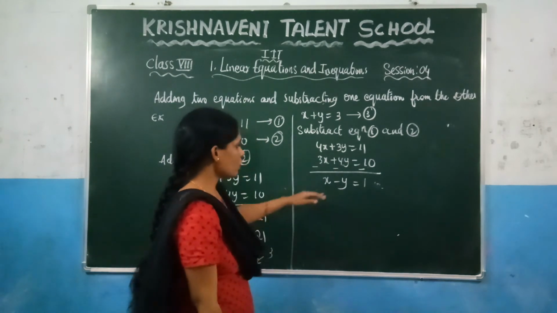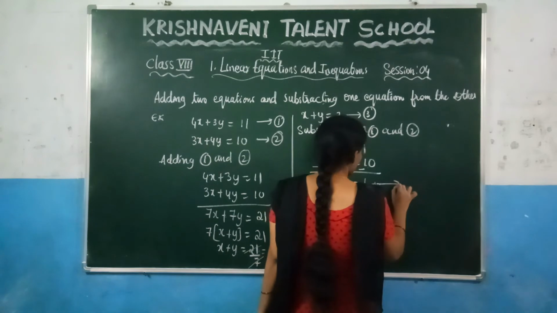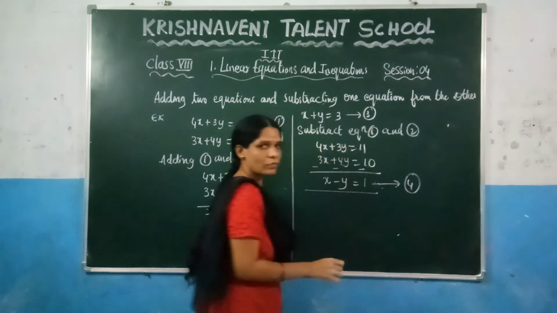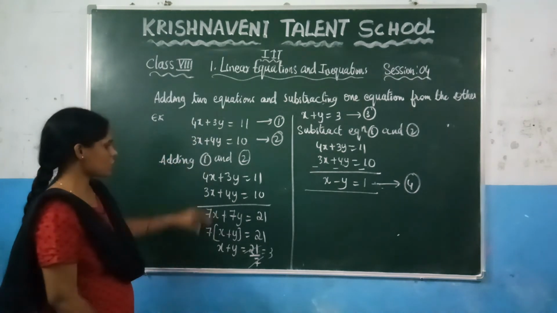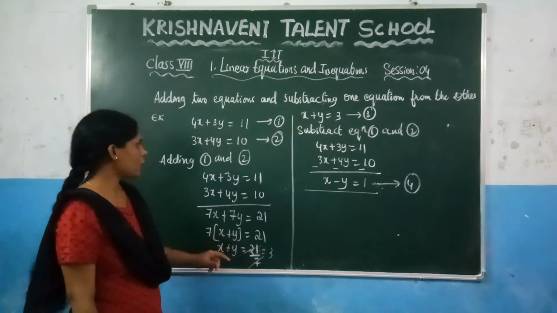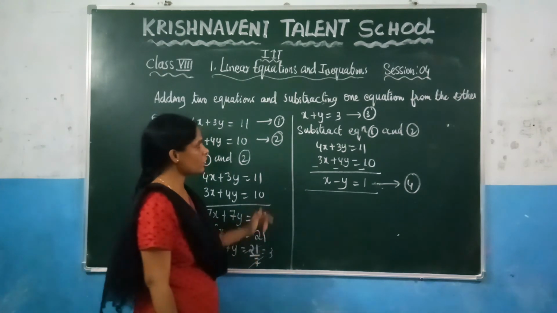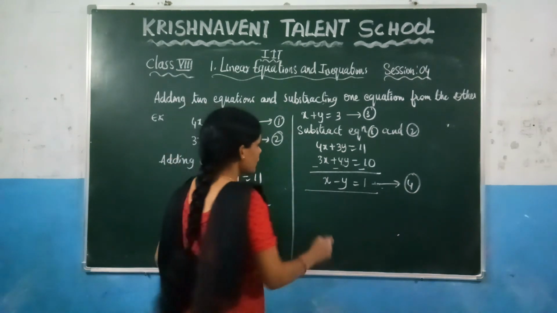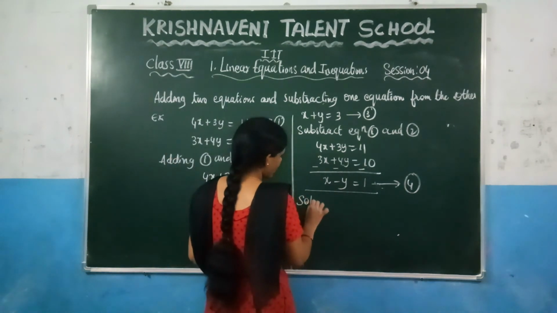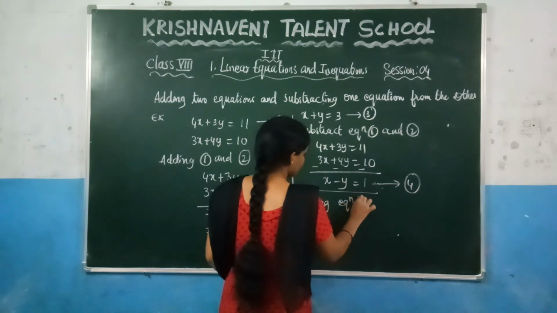So here we got one more equation. Let us take this equation as 4. Now this method says, after adding these two equations you will get one equation, and after subtracting these two equations you will get one more equation. So we got these two equations. Now you need to solve these equations, solving equations 3 and 4.